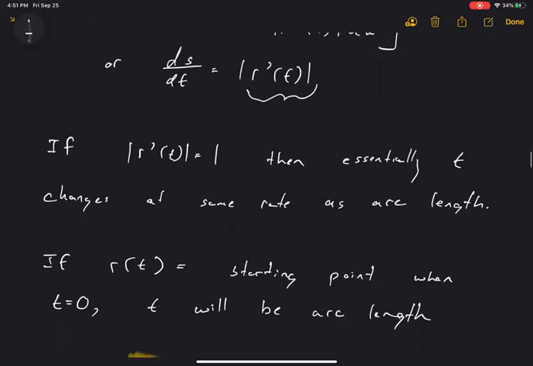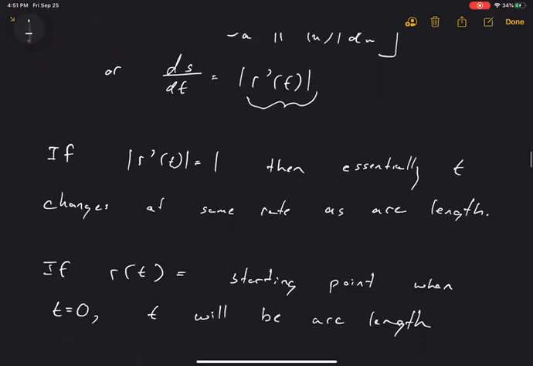Okay, what does that mean? Then that's basically saying, what is the left side? Think about this in terms of rates of change. This is the rate of change of arc length with respect to t. So like change in arc length per change in t. And then what is this?